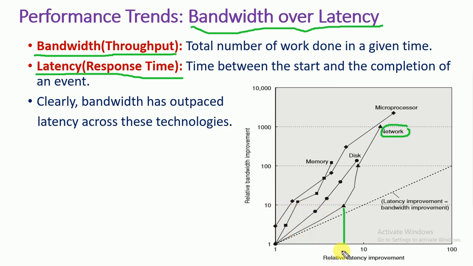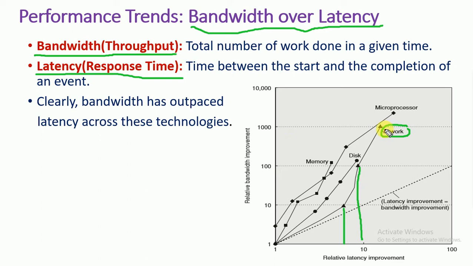So when it was around 8 times, it is almost around 10 times. Later, after some time, the network became 10 times improved on latency, and we can see that there was 100 times improvement in performance, meaning bandwidth.